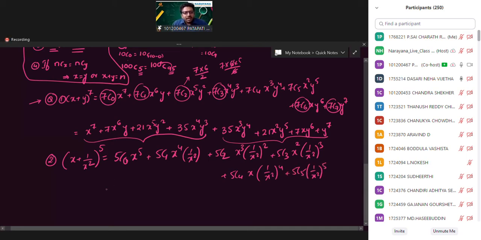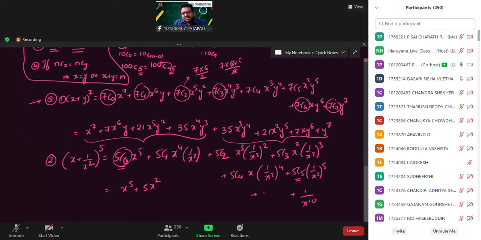Now, let us quickly find the coefficients. 5c0 is 1, and the last is also 1, so 1 by x power 10. Next, 5 x power 4 by x square is 5x square, and the last term is 5 by x power 8.